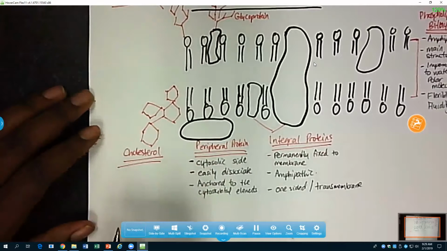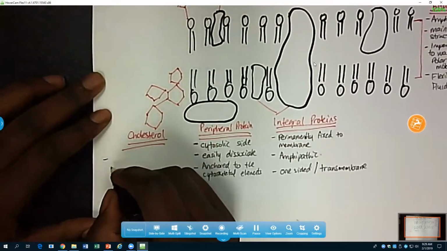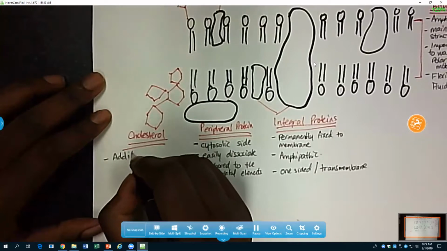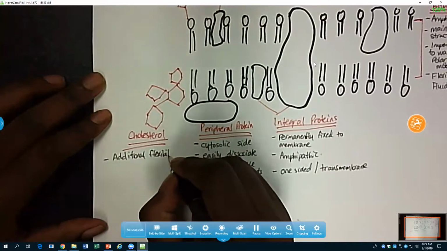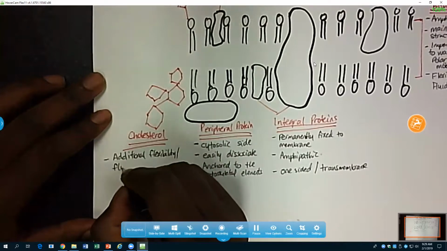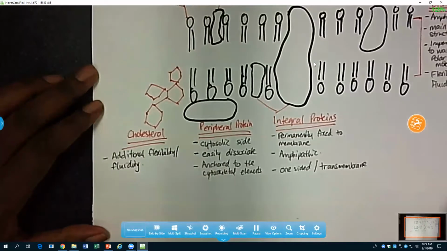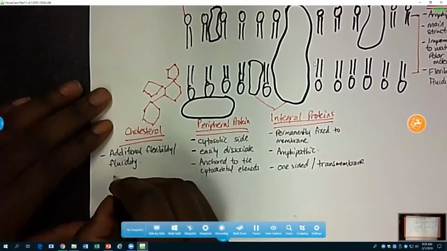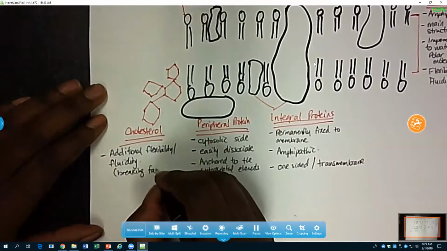Cholesterol. What type of biomolecule is cholesterol? We said it's a lipid, perfect. Okay, and it's going to offer some additional flexibility and fluidity. It does so by breaking up some of the hydrophobic interaction between the fatty acid tails.